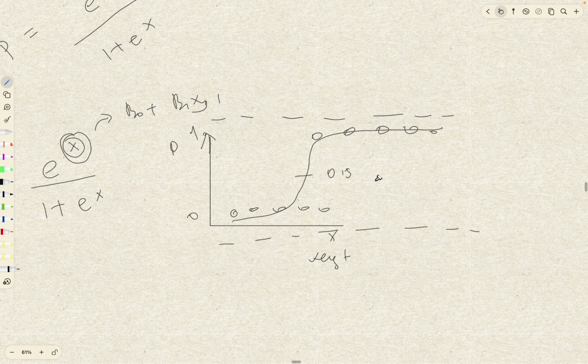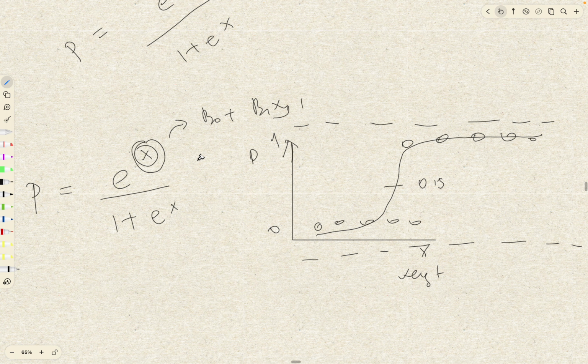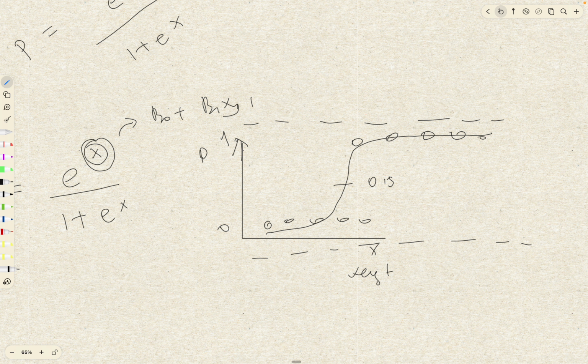Logistic regression is used for binary classification, and it's used for interpretability, because you can understand which coefficients are most important and how we end up with a specific probability. But it's not used with huge data sets.